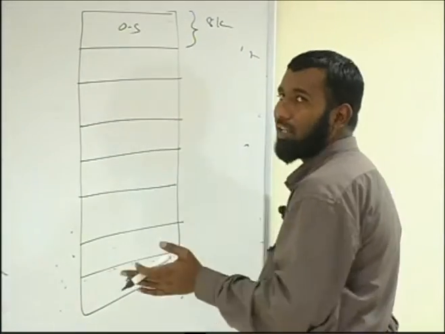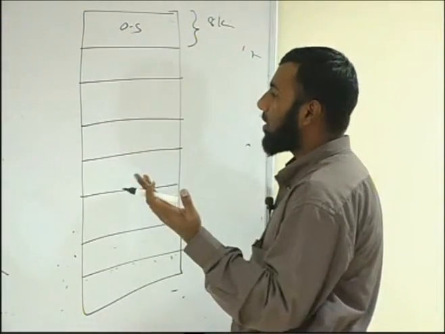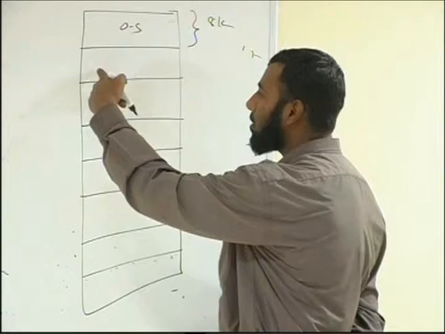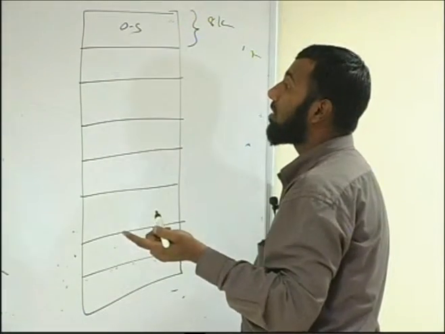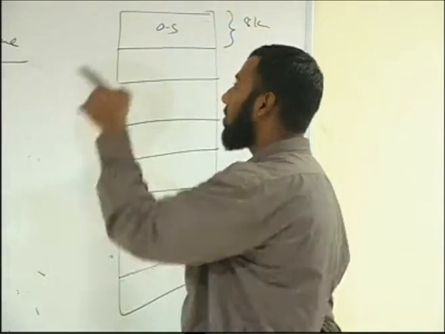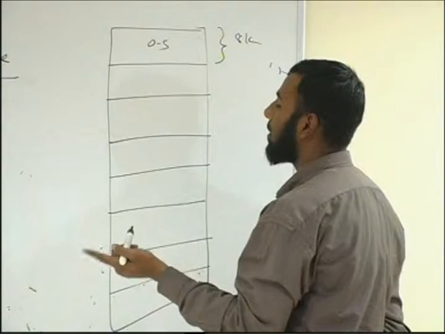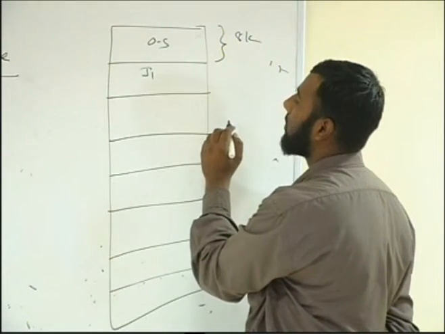Because all partitions are of equal size, first fit is always used here: whenever you see an empty partition whose size is greater than or equal to the size of the process, only then will the job be allowed to enter this partition. So, job J1 will be sitting here.